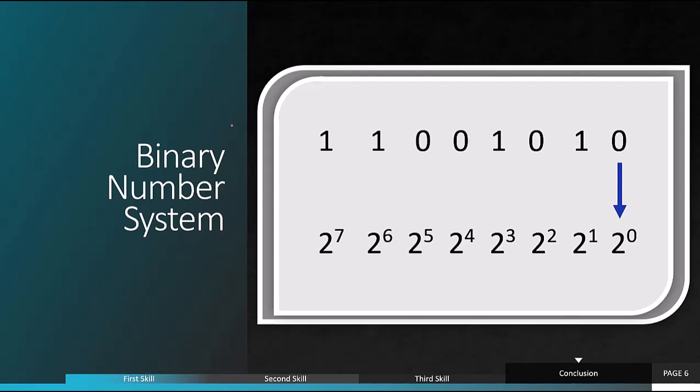Now here comes the question: if the device understands things only in the form of 0 and 1, how can it understand numbers? Because numbers are there, 1, 2, 3, 4, 5, 6, but our device is going ahead with 0 and 1. So how does this become possible?